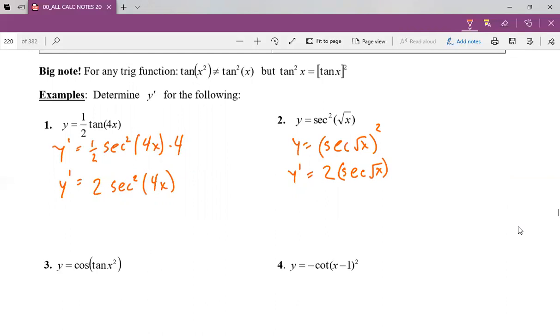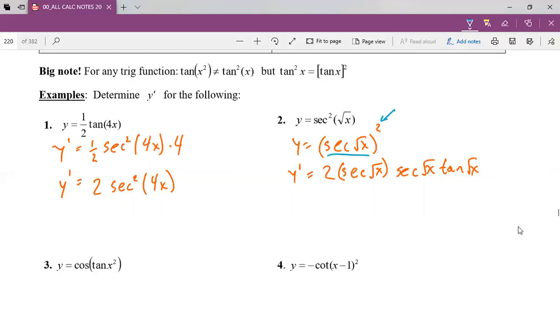So we're creating a product with this. The inside remains the same when we do this chain, so this remains root x. That's your inner function. In our first step, the outer function was the squaring, and the inner function was secant root x.